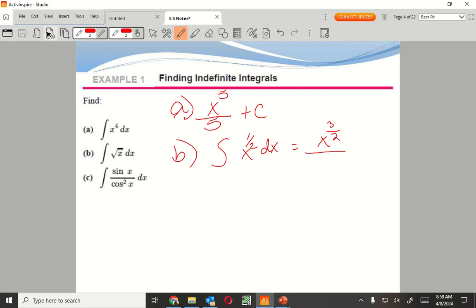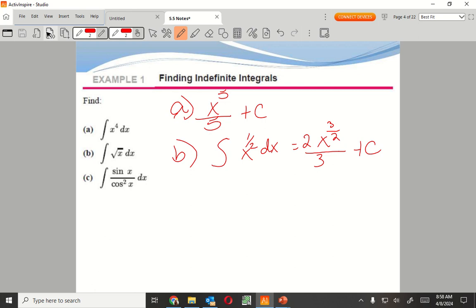I'm dividing by a fraction, but can I just multiply by the reciprocal? Yeah. So instead of dividing by 3/2, I can multiply by the reciprocal, and this will become 2/3 plus c. Yes? Okay.